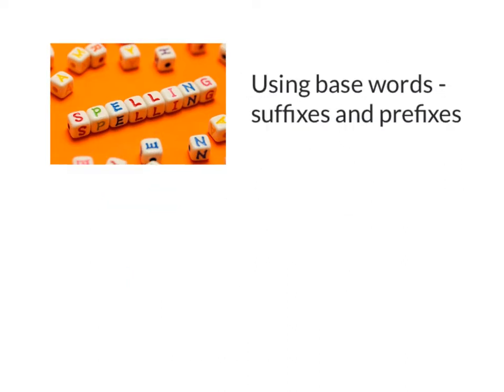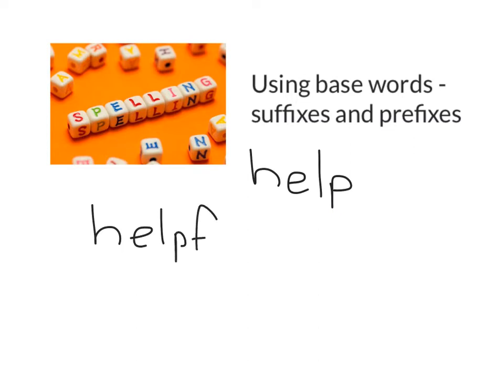A third strategy that you could use to help you write a word that you don't know how to spell is to use your knowledge of the base word and add the suffix or the prefix. So for example, if I know how to write the word help, then I can use that to help me write helpful, and that full is a suffix that I'm adding onto it, an ending.